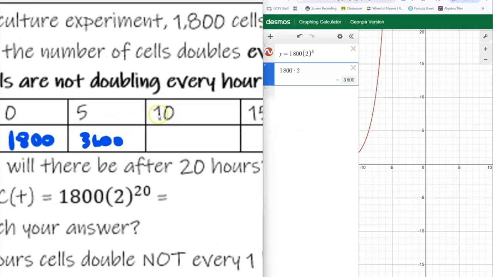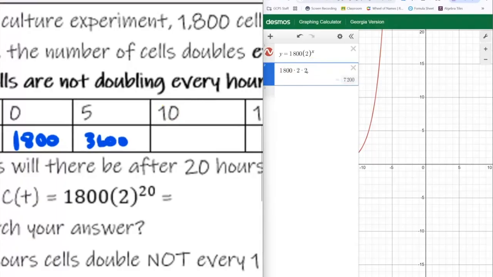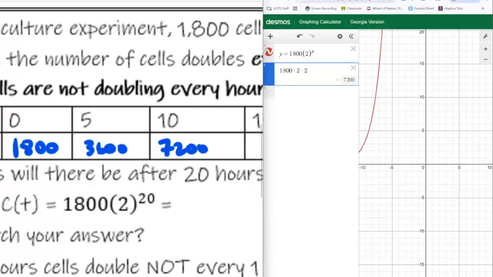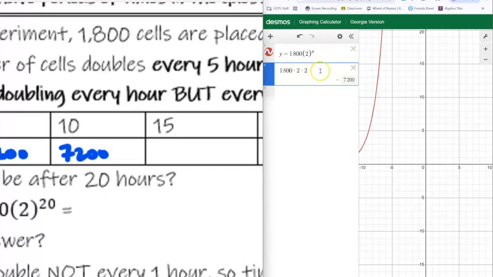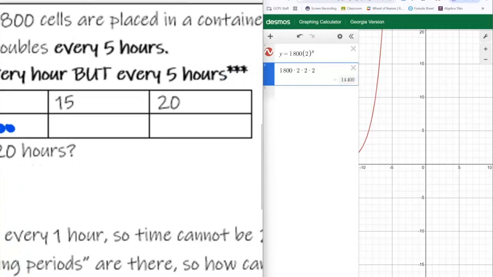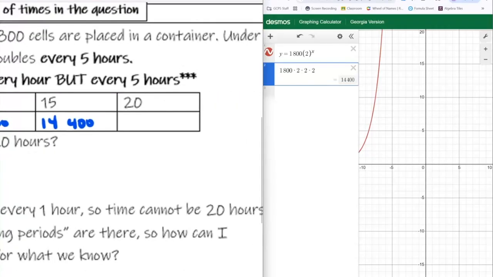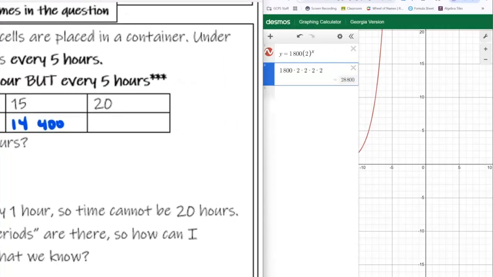Then the next time, which is 10 hours, because it's every 5 hours, times 2, it's going to be 7,200. Then the next time, which is another 5 hours later, times 2, it's going to be 14,400. Then again, another 5 hours after that, which will be 20 hours, it's another double. It's going to be 28,800.